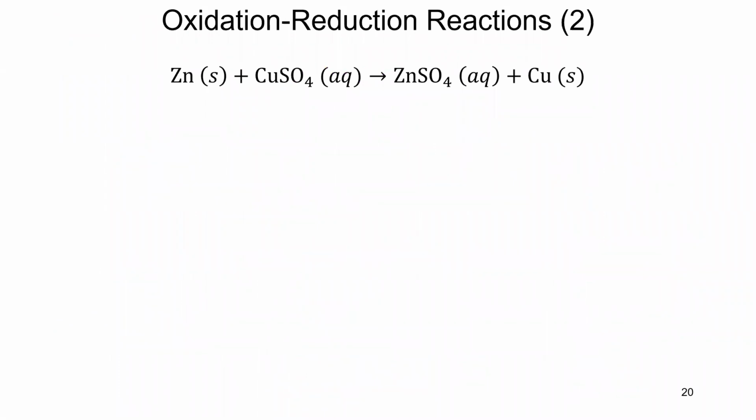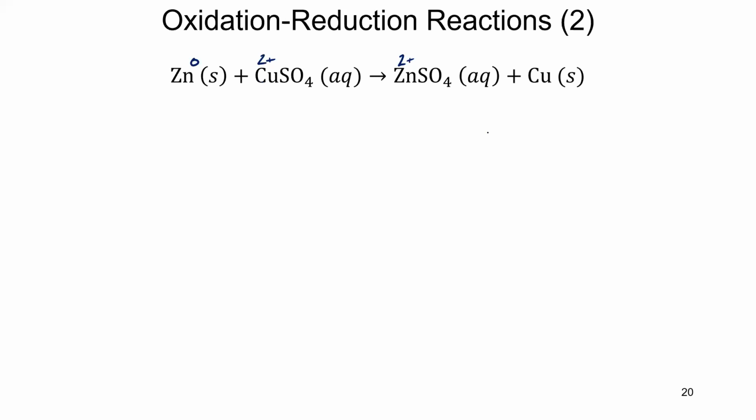Okay. So if we were to look at this reaction between zinc and copper sulfate, zinc here has a charge of what? 0. 0, absolutely. What about zinc on the other side? 2 plus. How about copper on the left? 2 plus.